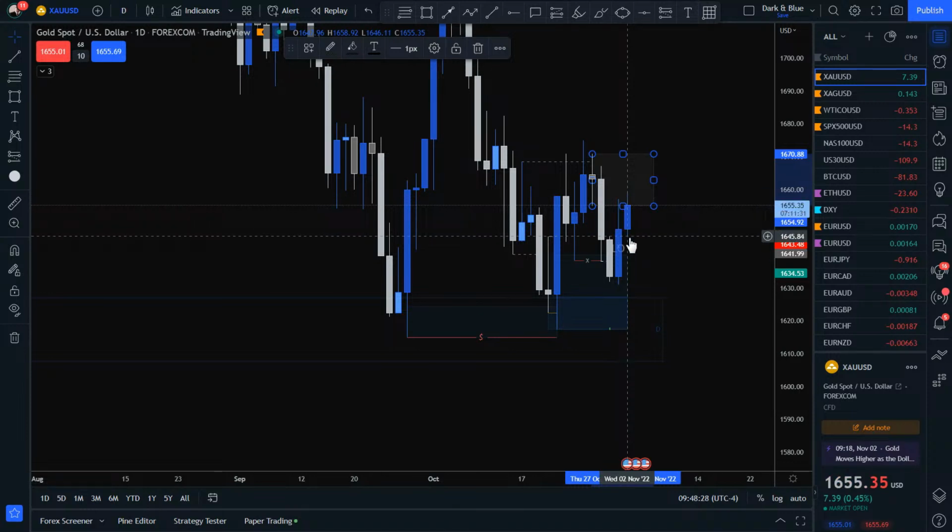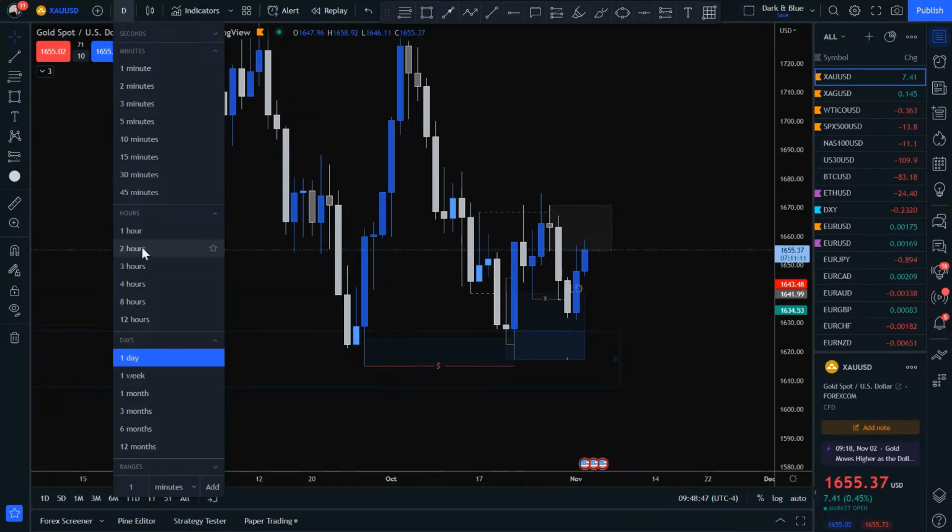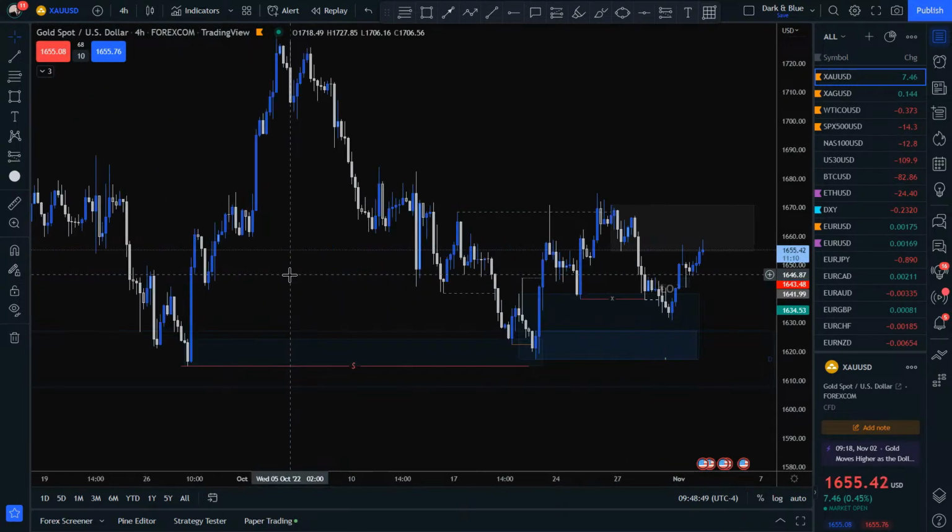This may turn into a big wick and come on down, but there is a bullish engulfment of this bearish candle here, and price came down to test that base candle, and there is potential for price to go higher. But we'll see what the 4 hour tells us.